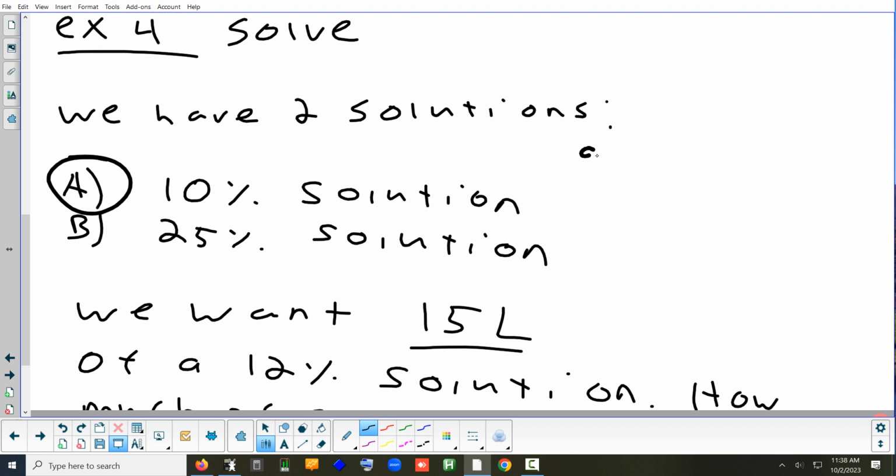So what I'll do here, just to make it clear, since they've already named the solutions A and B, I'm going to let A be the amount I use for the 10% solution, and B is how many liters I use of the 25% solution. It just makes sense to use those two letters because that's what they called the two solutions.